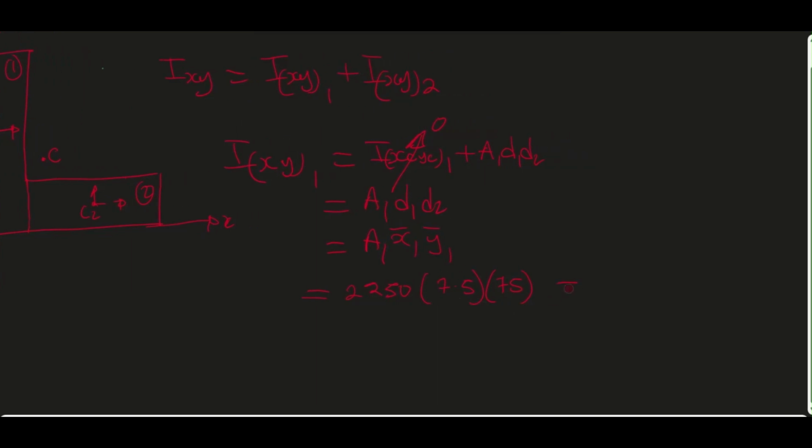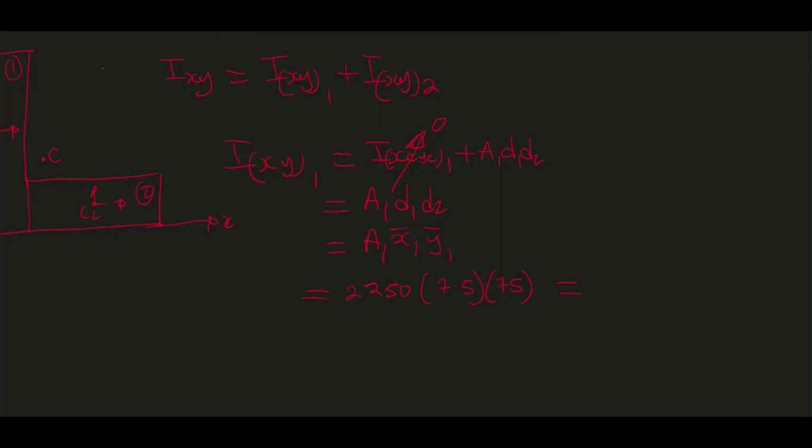Okay, so this gives us 2250 multiplied by 7.5 multiplied by 75. This will give us 1.266 times 10 to the power 6 millimeter to the 4th power.